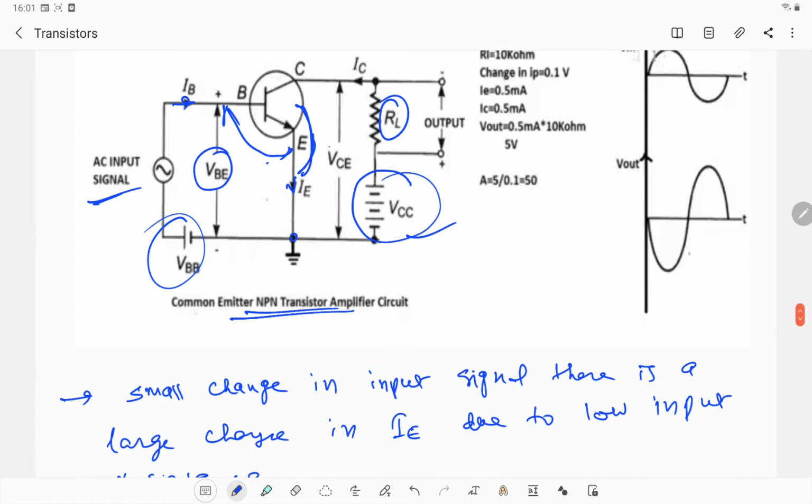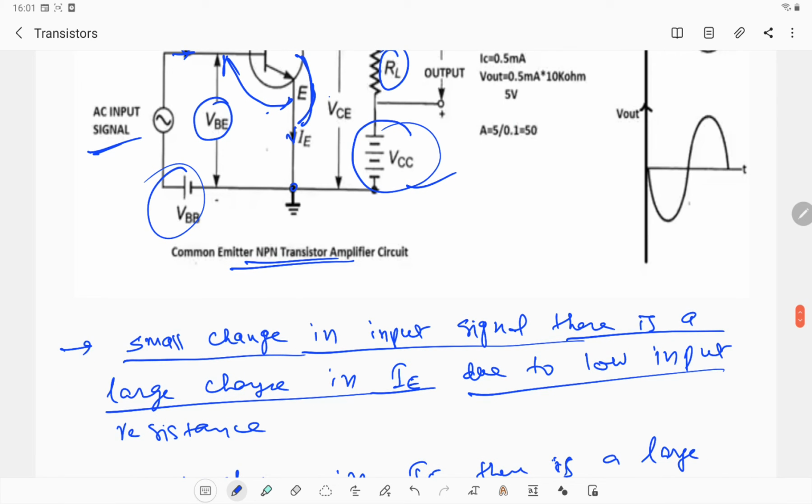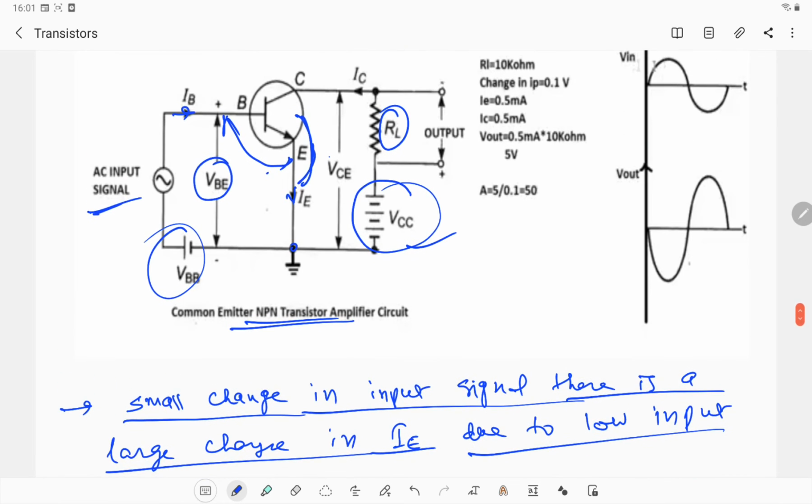Here, for a small change in input signal, there is a large change in IE due to low input resistance. The input circuit is a low resistance connection. Transistor means transfer of resistor, so the signal can be transferred from low resistance to high resistance.